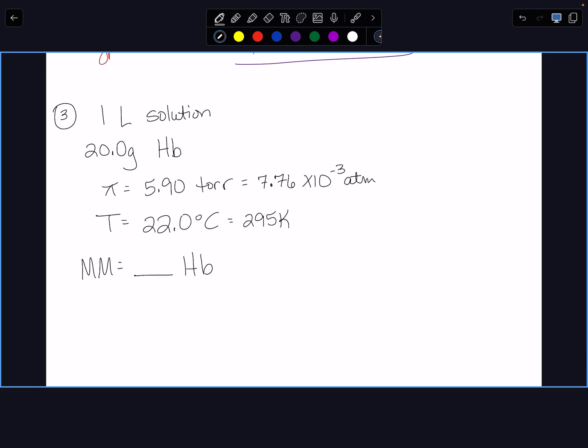Okay, how do y'all want to set this up based on what we have here? Try to find the molarity. Don't we have enough information that we can try to find the molarity? All right, let's do it.